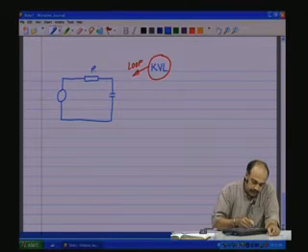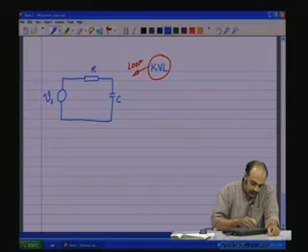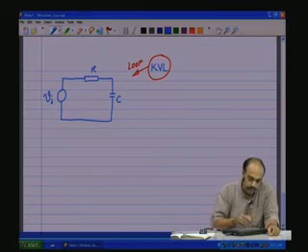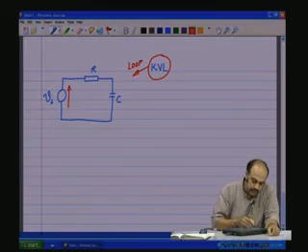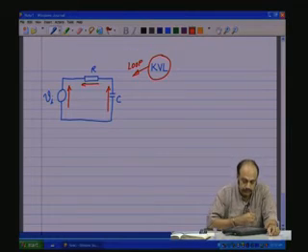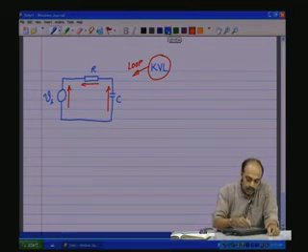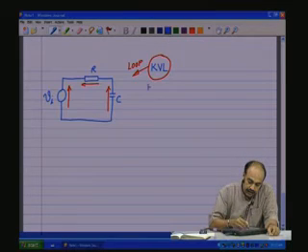So here you have the R, you have the C, and you have the source, which is Vi. Now there is a voltage which is considered in this direction. There is a voltage across R which is in this direction. There is a voltage across C which is in this direction. So now the question, how does one get the mathematical representation of this circuit?